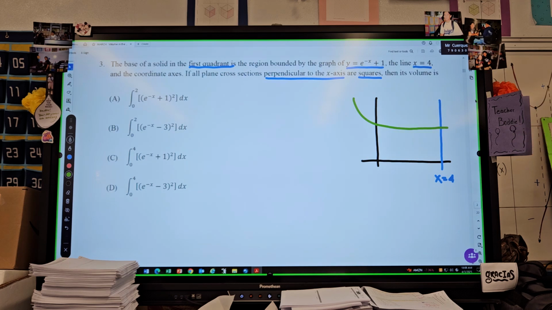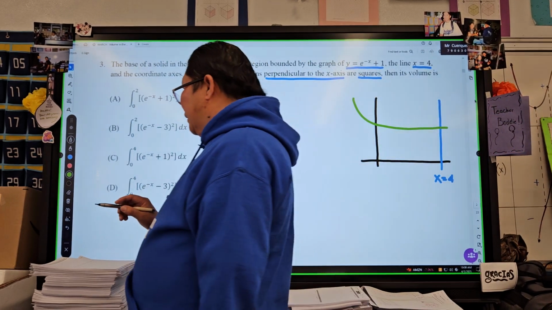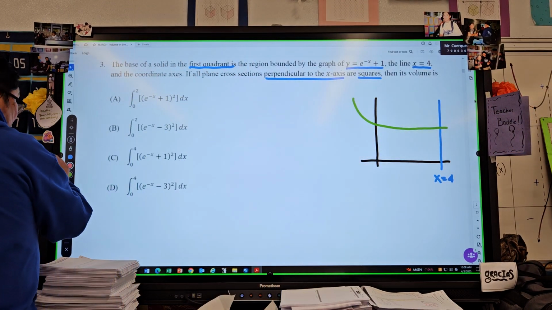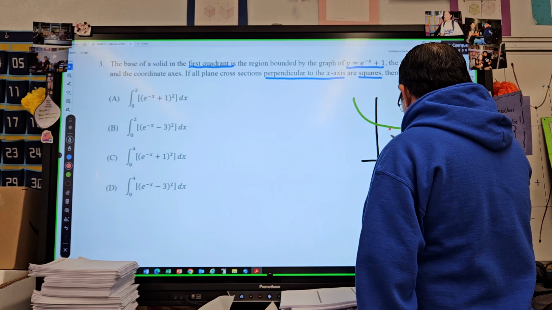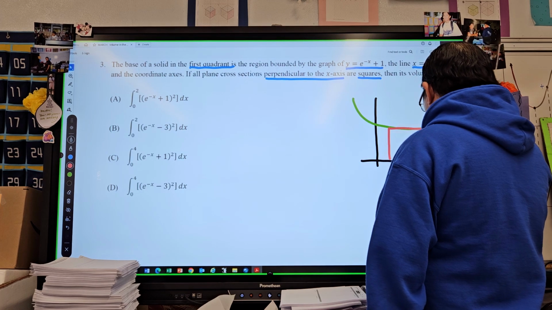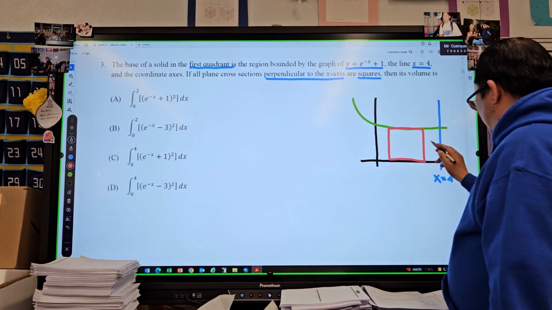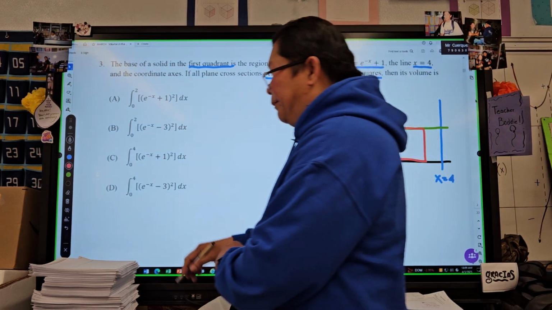So if I have a square, what is this side? This side is e to the power of negative x plus 1. Clear?